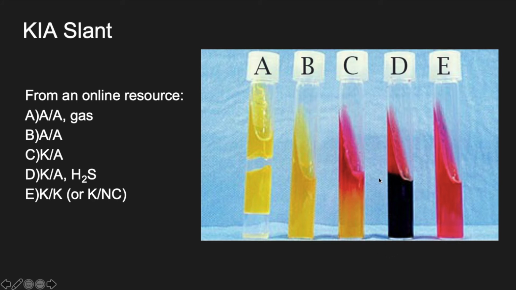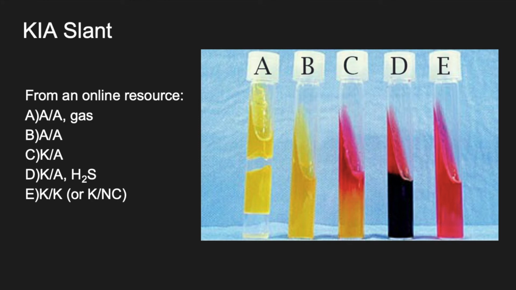So you would say it's K over A, and then you had the production of hydrogen sulfide. Okay? And then the last test tube here would just be K over K. It looks a lot like an uninoculated KIA test tube. However, they did inoculate it, and they found that it was just basic throughout the entire tube.